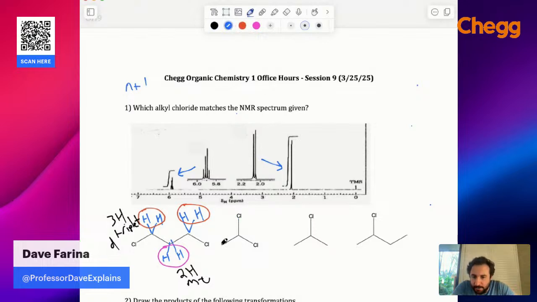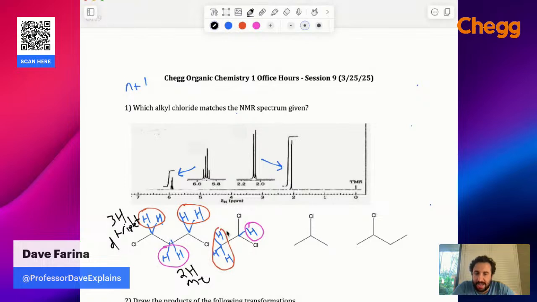So what about this one? We've got 1, 2, 3 protons on that methyl, and then right here we have just 1 implied hydrogen. So what are the groups? Obviously these 3 will be one resonance, and then this guy will be a different resonance. Now, what will we expect to see?